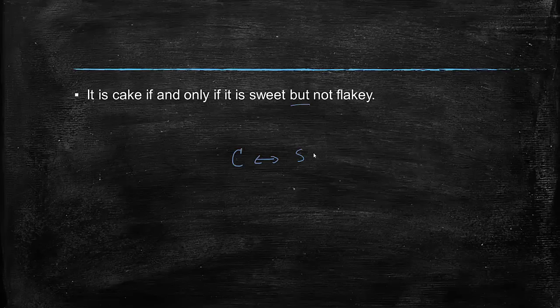So it is cake if and only if it is sweet and not flaky. Parentheses and parentheses. It is cake if and only if it is sweet but not flaky.